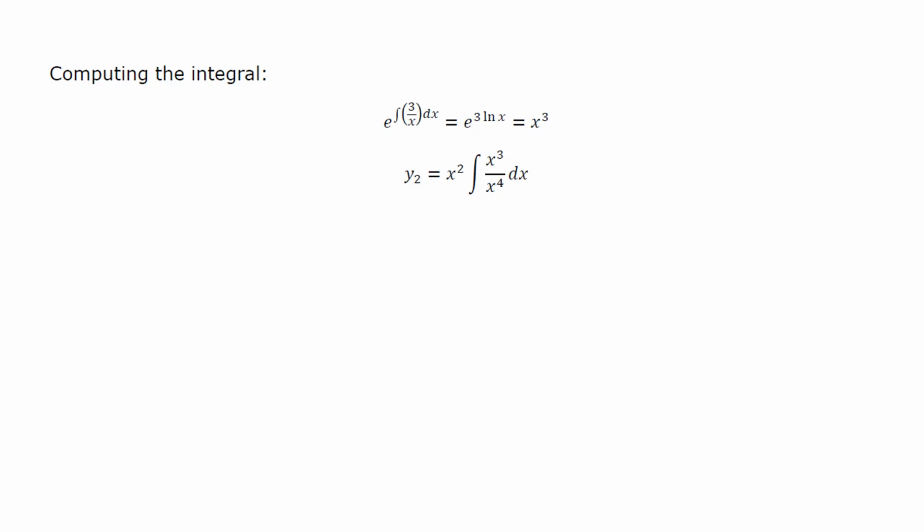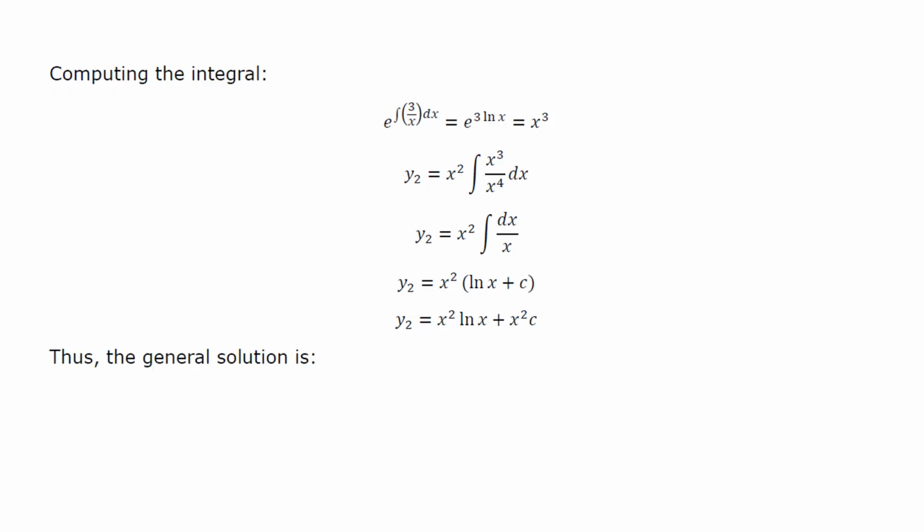Okay, we can simplify x cubed divided by x to the 4th, and that would get us 1 over x. When we then evaluate this integral, we then get x squared times the natural log x plus c. If we distribute that x squared, we then get x squared natural log x plus x squared times c.